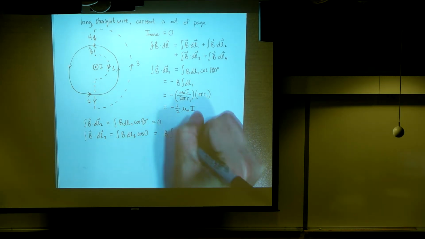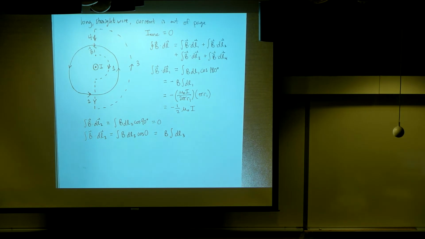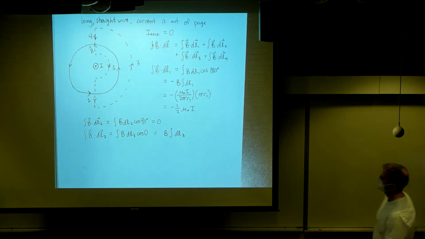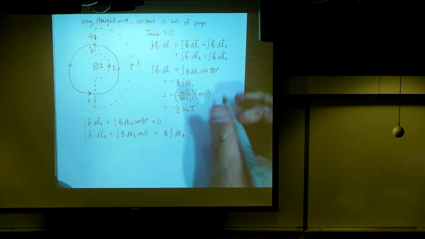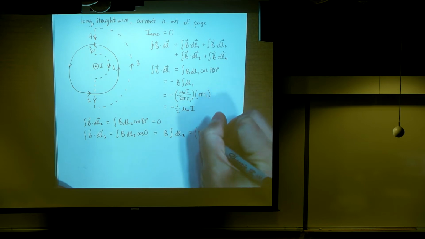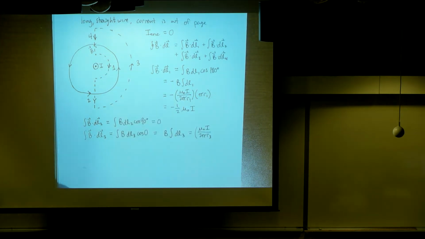So we have B dL3 in the integral. Now this works just the same way as before, right? I know the B field is given by mu naught times I divided by 2 pi times r. Let's use r3 because we're talking about whatever this radius is.